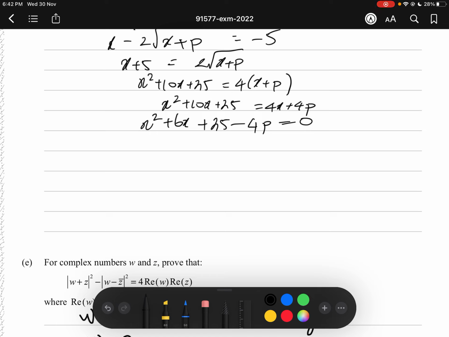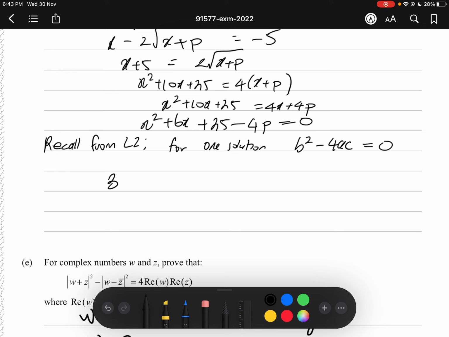And in order for the polynomial of degree 2 to have one solution, this just means that b squared minus 4ac equals 0. So recall from level 2, for one solution, b squared minus 4ac equals 0.